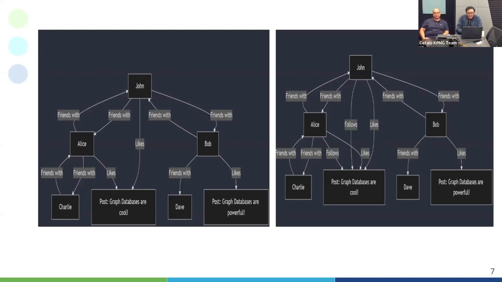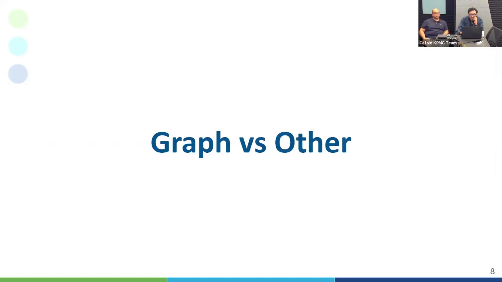So if we want to add another relationship, like the follow relationship here, we just connect the nodes via edges with that relationship, like follows. So here, introducing the follows, we can see that now we can easily hop and detect the data.